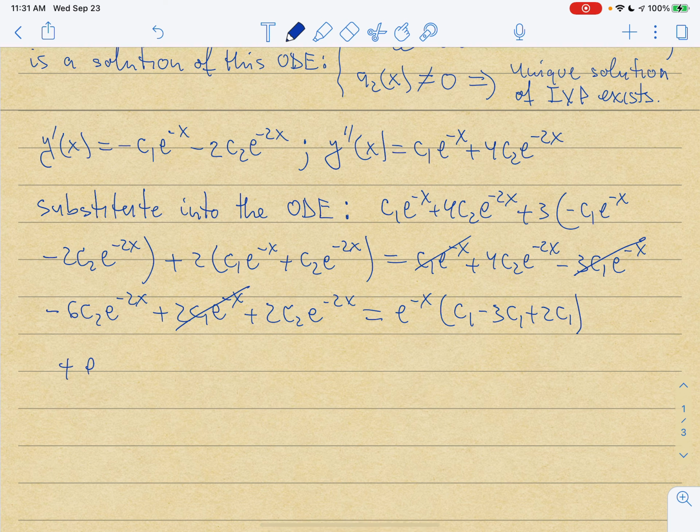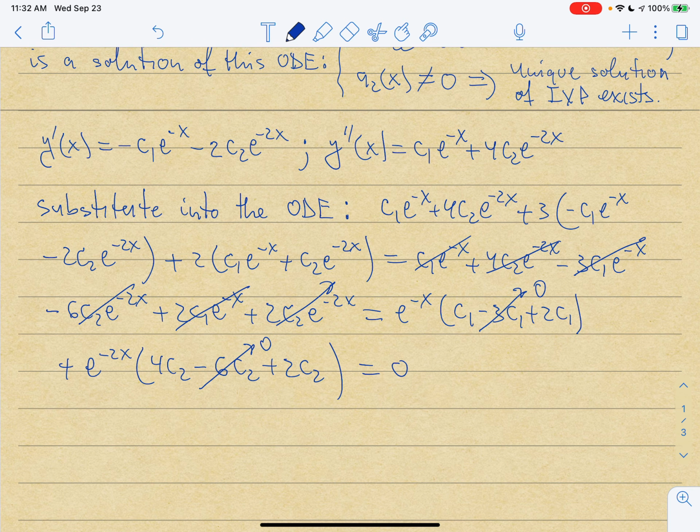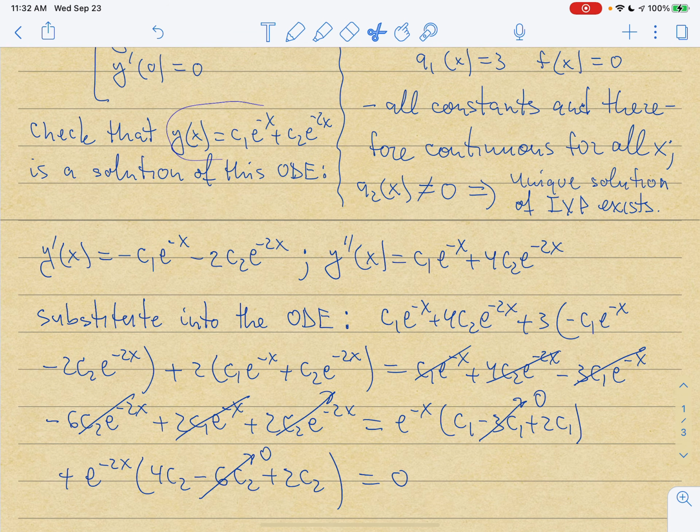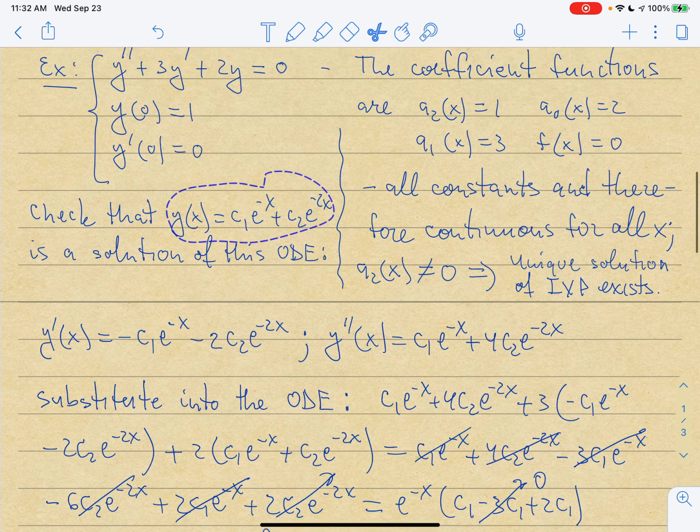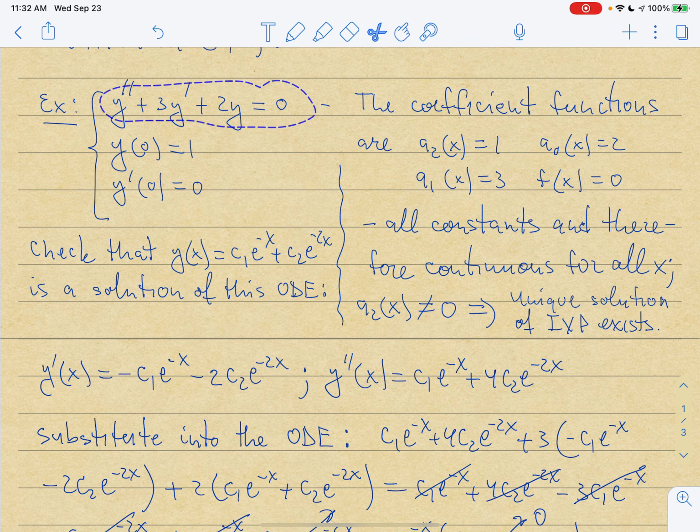And for e to the minus 2x, we get something similar: 4c2 minus 6c2 plus 2c2, and 4 minus 6 plus 2 is 0, so that is gone. So the whole thing is 0, so that means that my function y of x equal to c1 e to the minus x plus c2 e to the minus 2x indeed satisfies this equation.